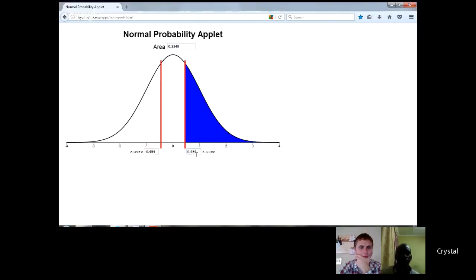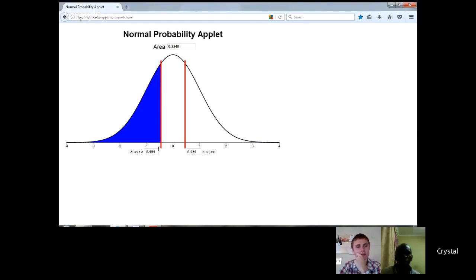Okay, so we have the z-score down here. Yeah, I think it's the other side. It would be the other side, yeah. Because that would be 450.